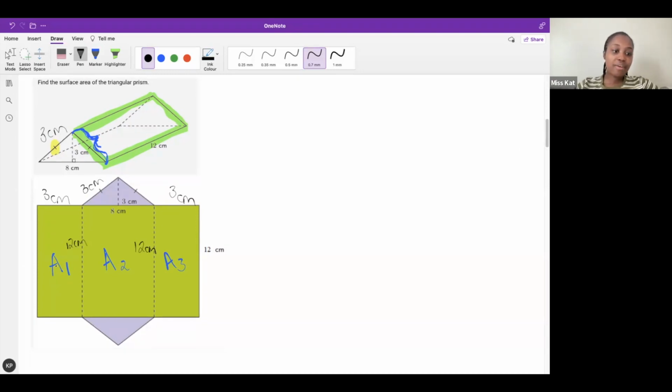Okay, I think now we have everything we need. So I'm going to ask you, area 1, what kind of shape is shape 1? Where I wrote A1, which will be area 1, what kind of shape do you have there? A rectangle, beautiful. Formula for area of a rectangle?